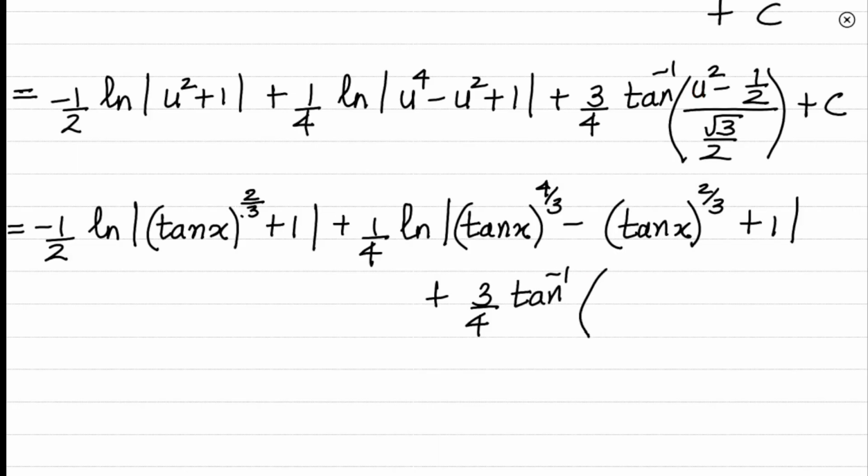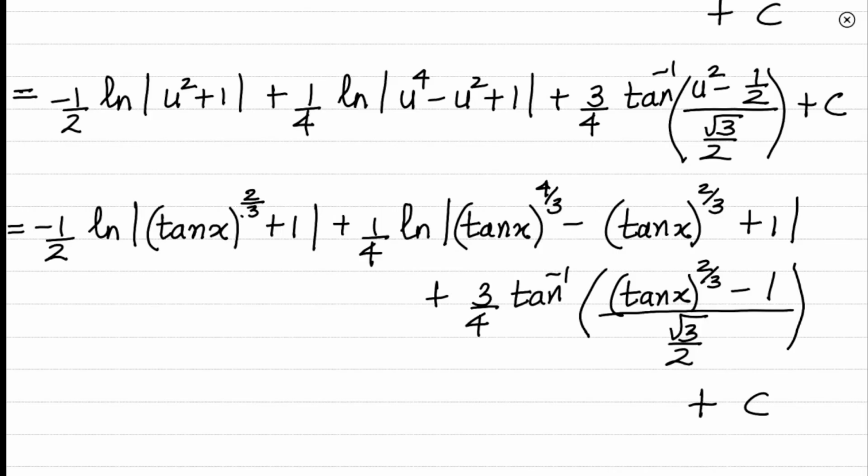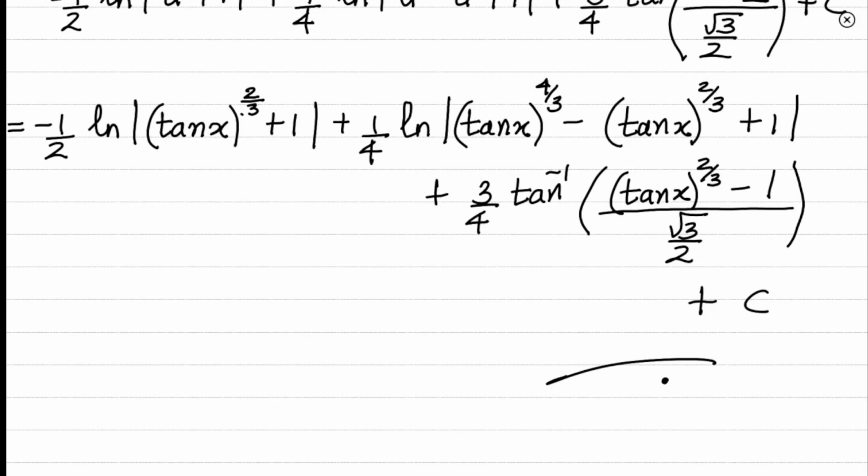So instead of u, you can write cube root of tan x. So you have tan x to the power 2 by 3 minus 1 divided by root 3 by 2. Let's close the bracket, plus constant of integration c, and this is nothing but the final result of the integral of cube root of tan x.